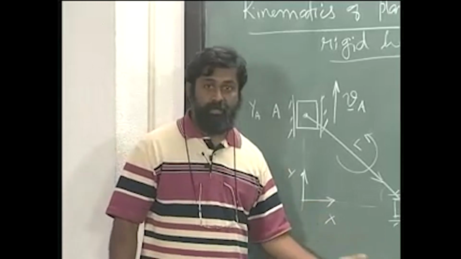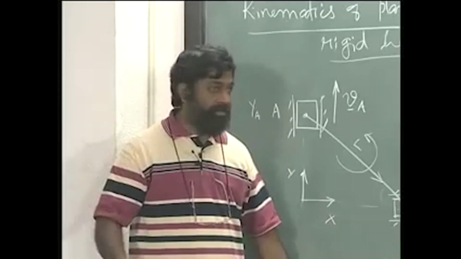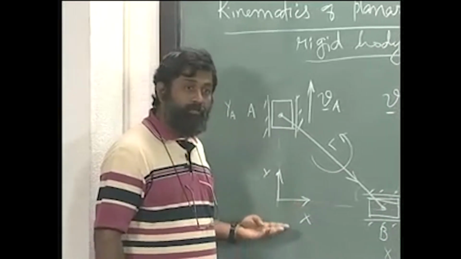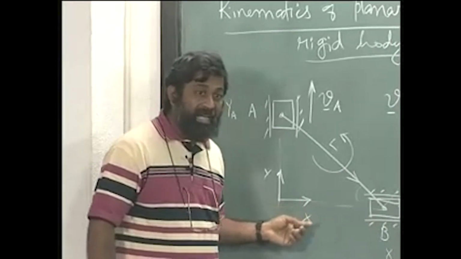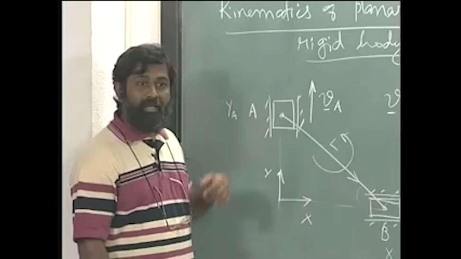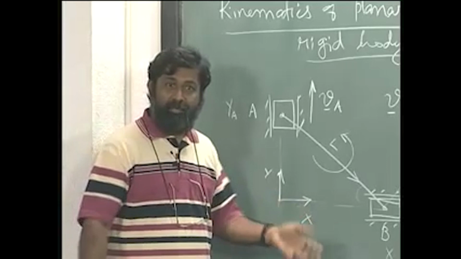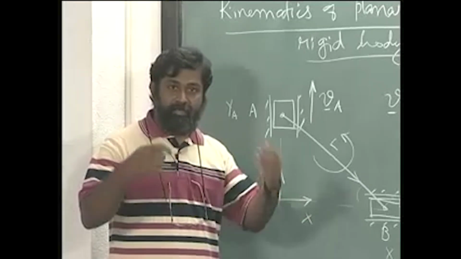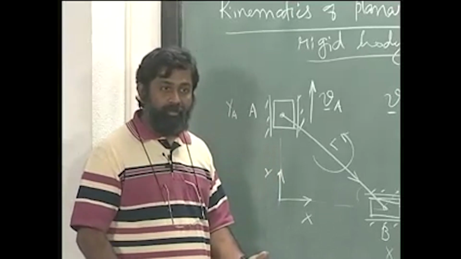Yb and xb are related as xb squared plus yb squared is a constant equal to L, alright. I can use that to find out the relationship between x dot b and y dot a, right, simply by doing a differentiation, okay, and the relationships can be immediately found out, okay.